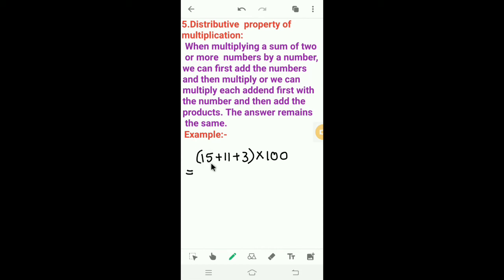So first we have to add 15, 11 and 3. 15 plus 11 is 26. 26 plus 3 is 29. 29 into 100. 29 into 100 is equal to 2900. Or we can multiply each addend first with the number and then add the product.